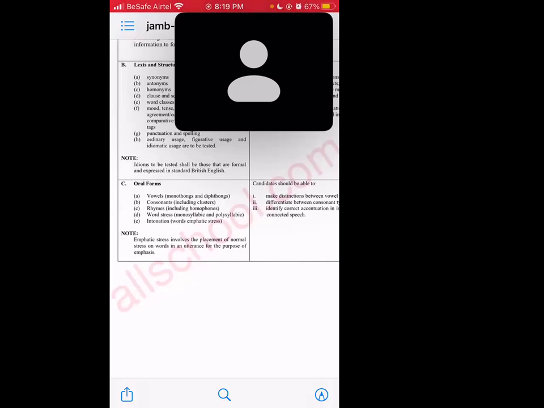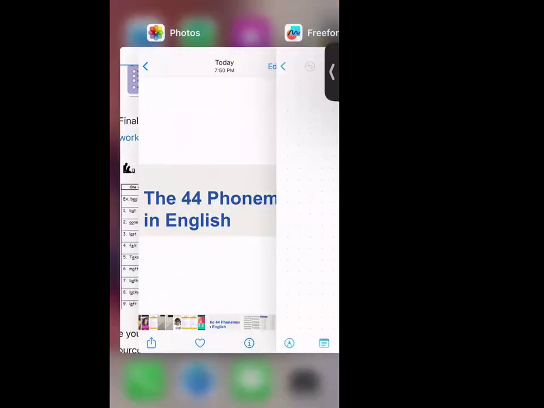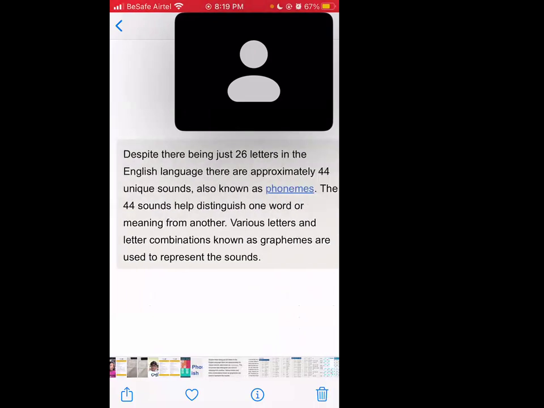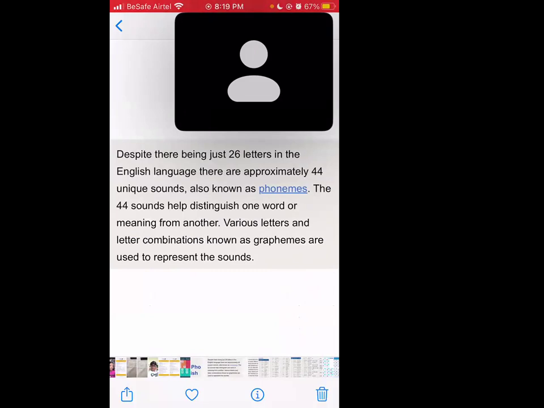Now, for us to do that, we're going to be looking at basically the 44 phonemes in the English language. Despite there being just 26 letters in the English language, there are approximately 44 unique sounds, also known as phonemes.